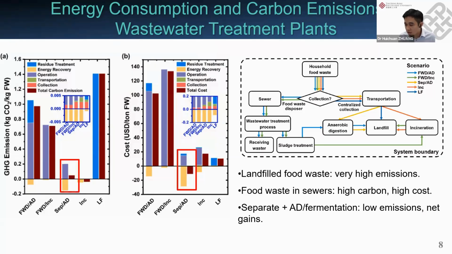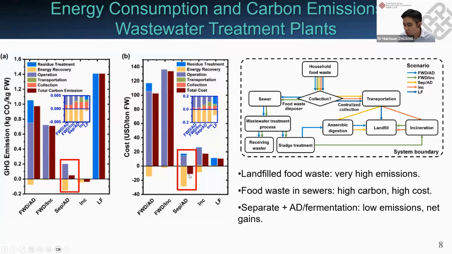But you can see that if we separate the food waste from the municipal waste and do some anaerobic digestion, for example, the emission will be very low compared to the landfill or the food waste disposal method. Very low emission, and it can also create some revenue benefit. The cost is negative, which means it earns money.